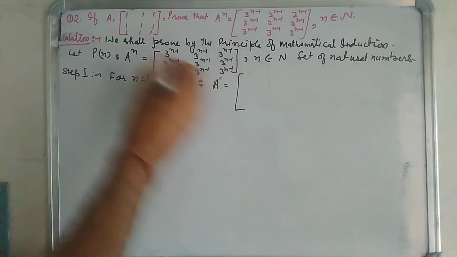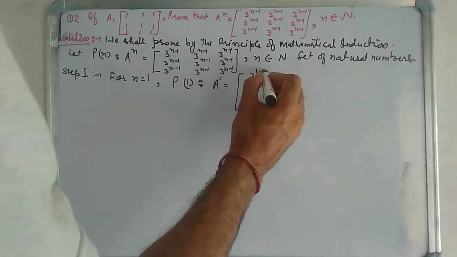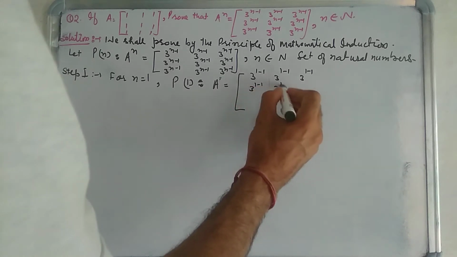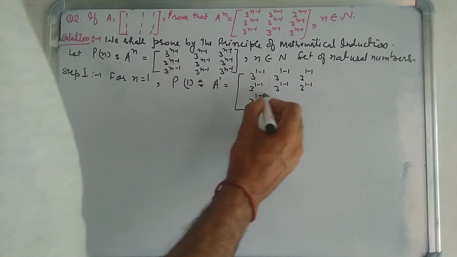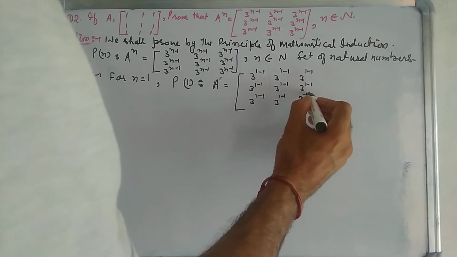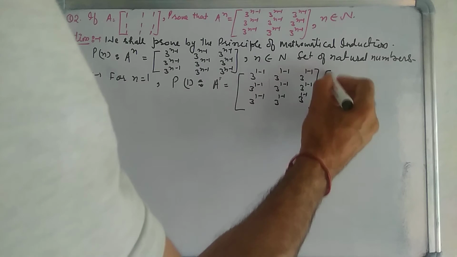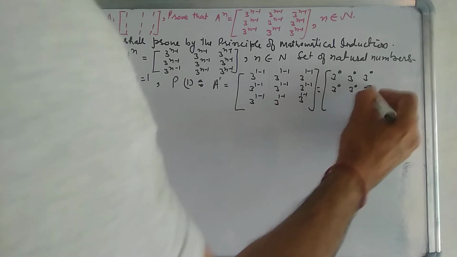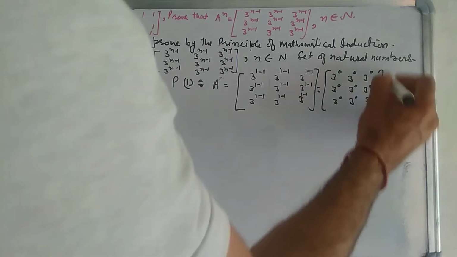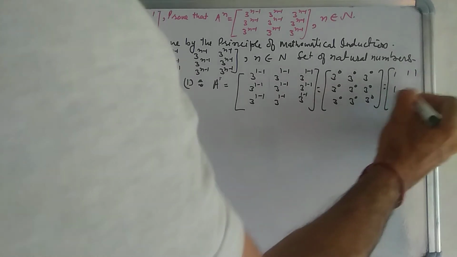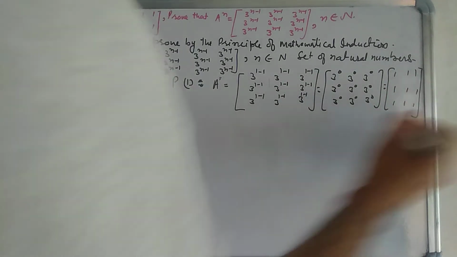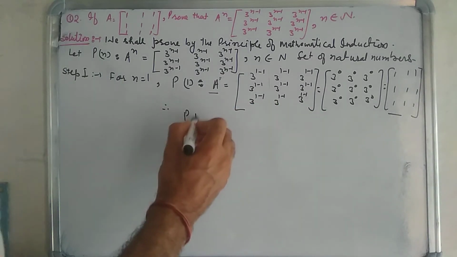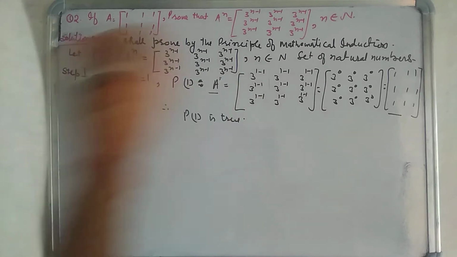So the matrix becomes 3 to the power 1 minus 1 in each entry, which is 3 raised to power 0, and 3 raised to power 0 is 1. So the matrix becomes this, which is A. Therefore clearly P1 is true.